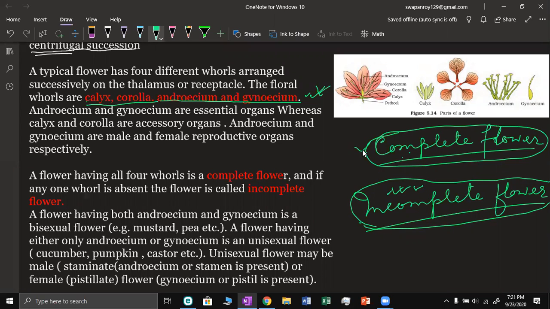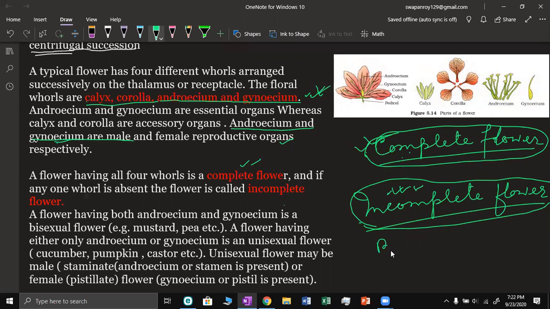In a complete flower, androecium and gynoecium both are present. Androecium is the male reproductive structure and gynoecium is the female reproductive structure. So in a complete flower, calyx, corolla, androecium, gynoecium are present.